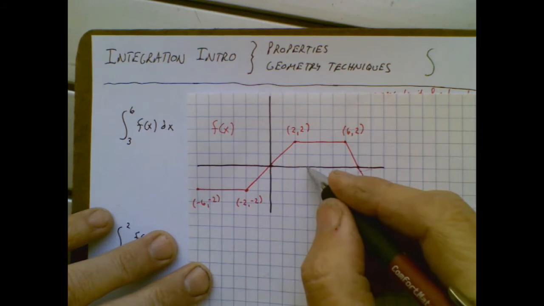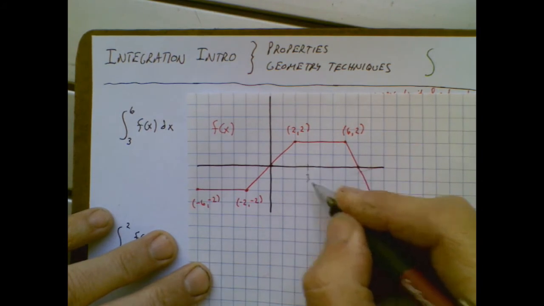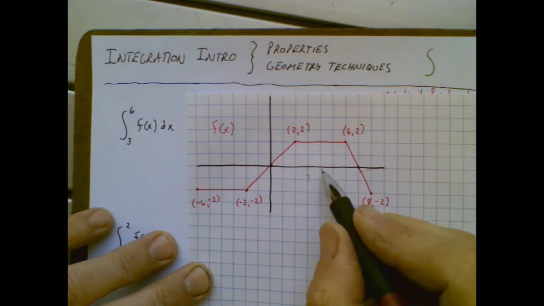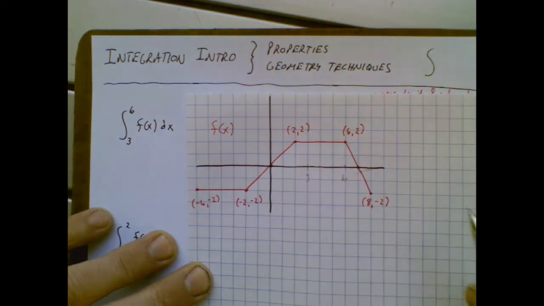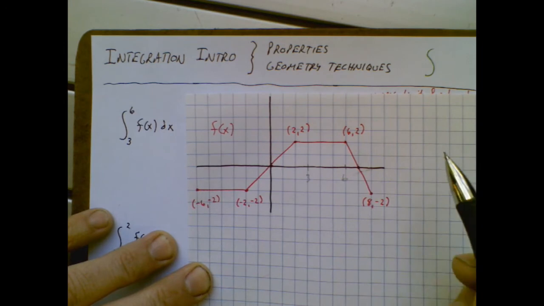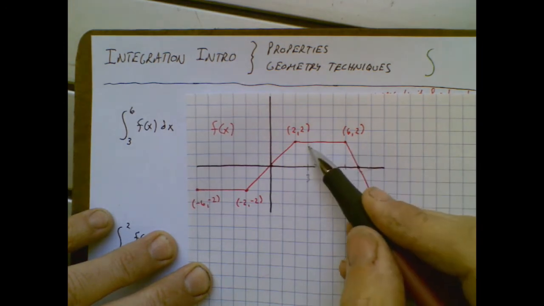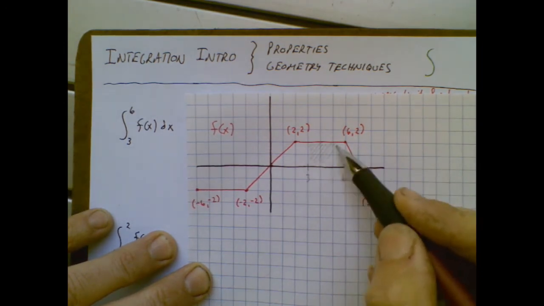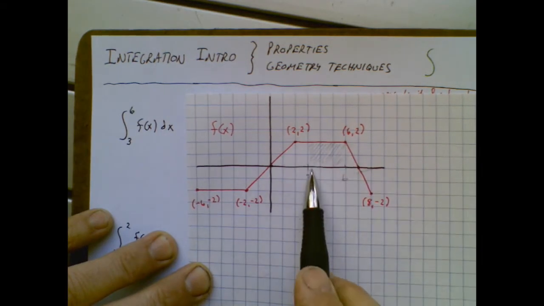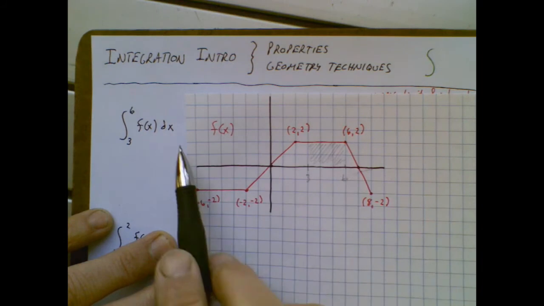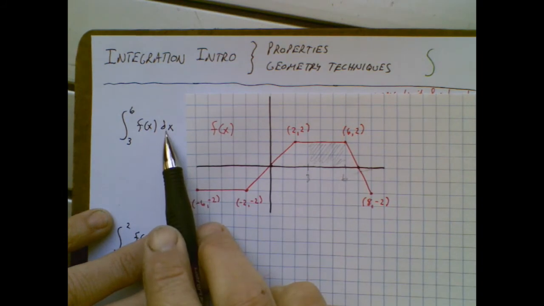So what that means is I would start at 3, I would go all the way along the x-axis until I got to 6. And what I would be doing is thinking about the area that gets trapped between the function and the x-axis. That's why this dx tells me area trapped along the x-axis, and I move along the x-axis.